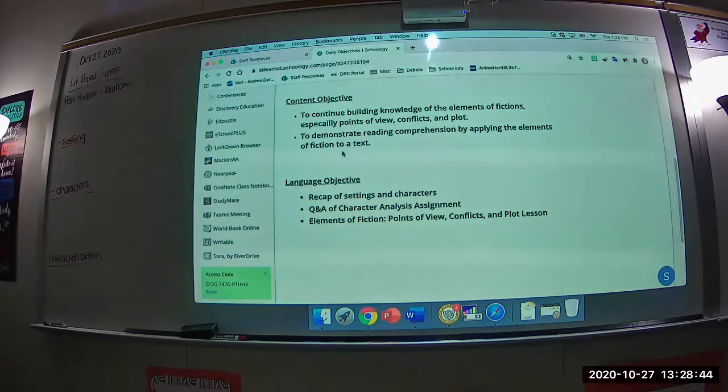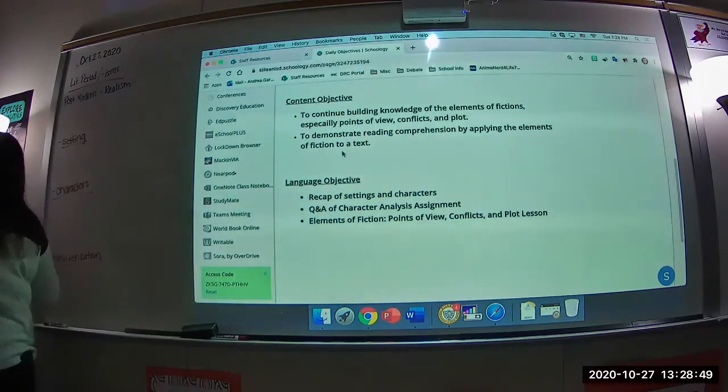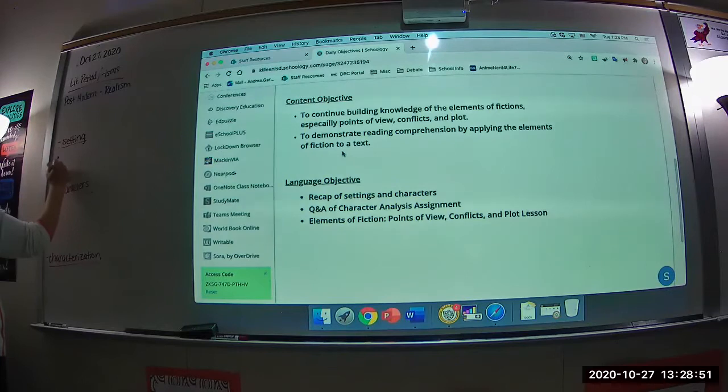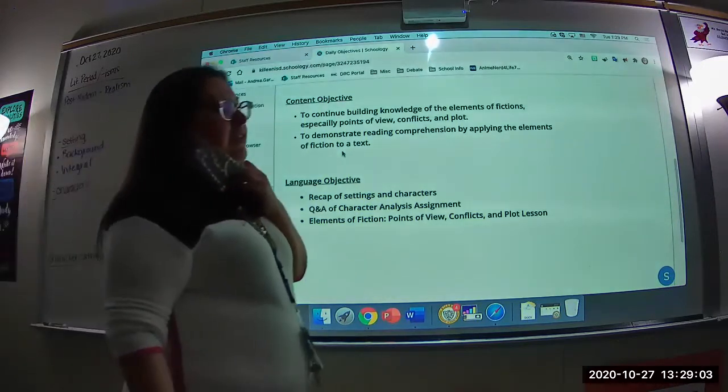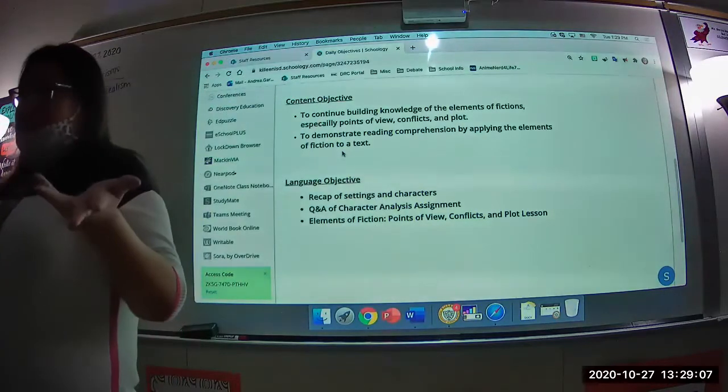Okay, so there are two types of setting. What types are they? Background, right? And integral. Okay, so the setting of the book we're reading is? What's the setting?